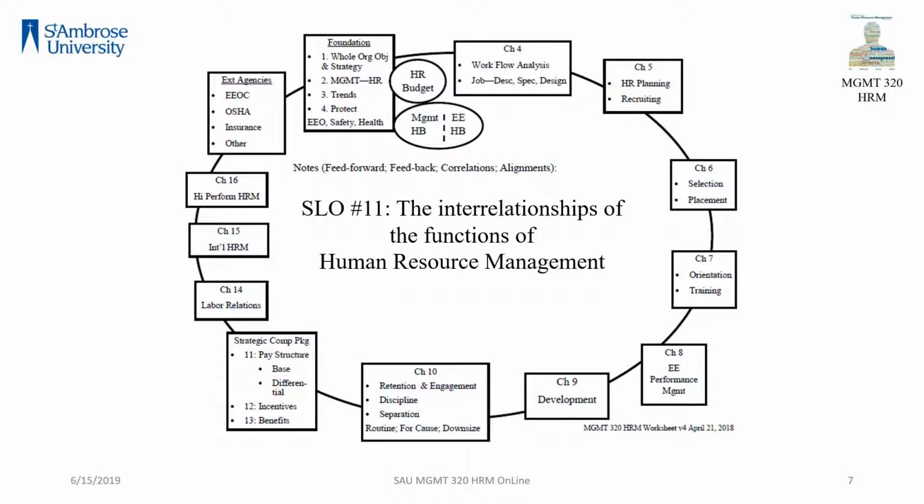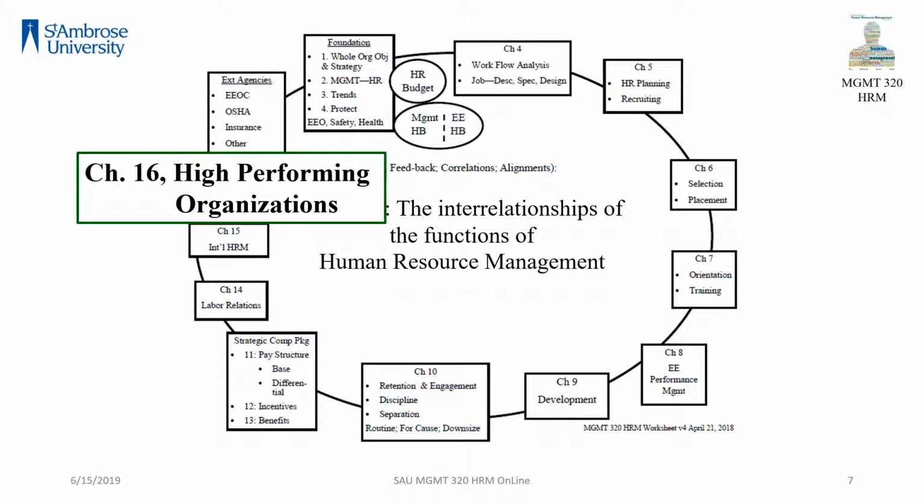We're going to be focused on Chapter 16 and organizational performance. We've got to figure out how to translate organizational objectives and performance down to the individual level, back in Chapter 8 with performance management, and back up: what we're doing at the individual level has got to align and reinforce the overall organizational objectives and those being accomplished.